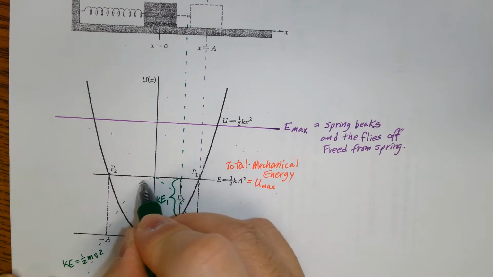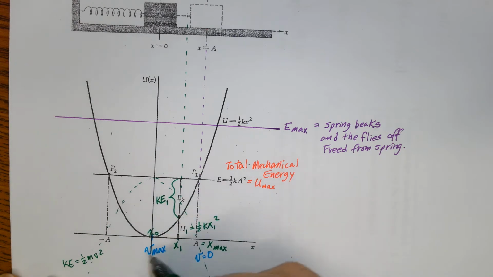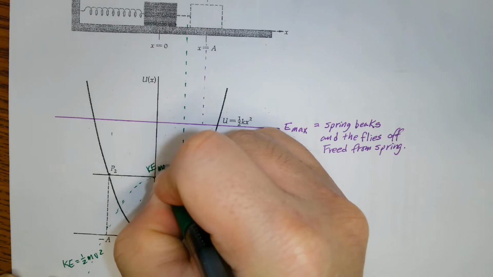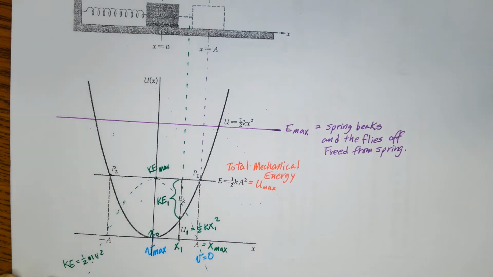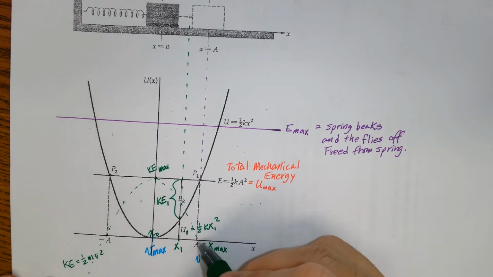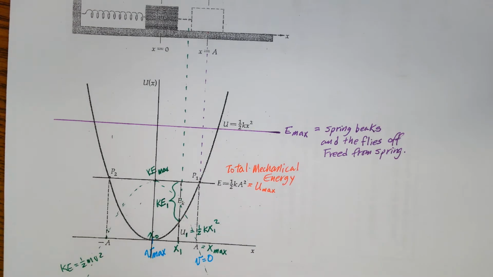The maximum kinetic energy happens at equilibrium, right here. Minimum kinetic energy happens at the endpoints, because velocity is zero. All right, that's all I'm going to do to this page.